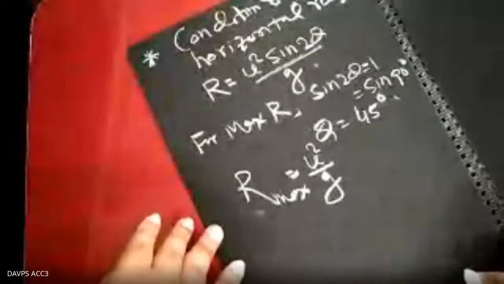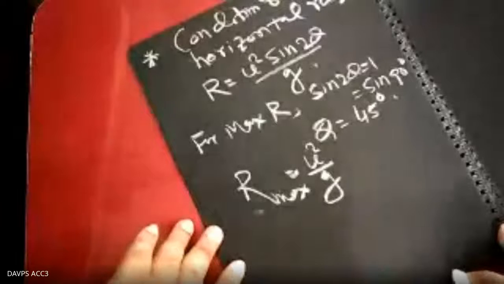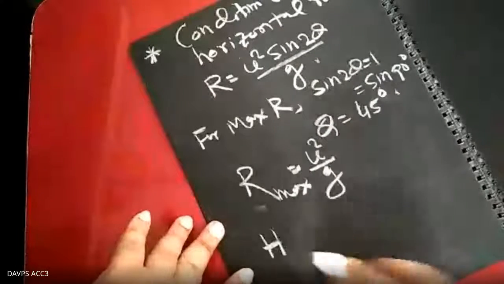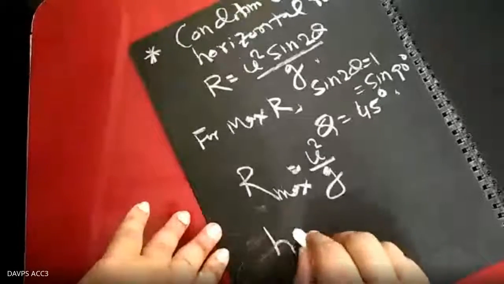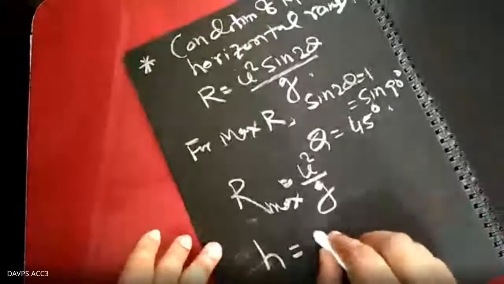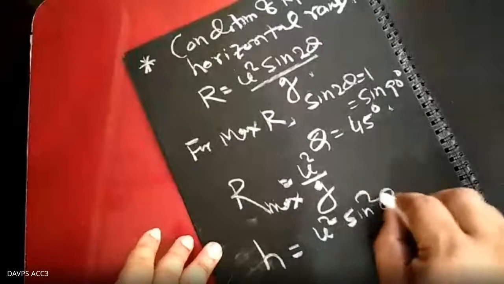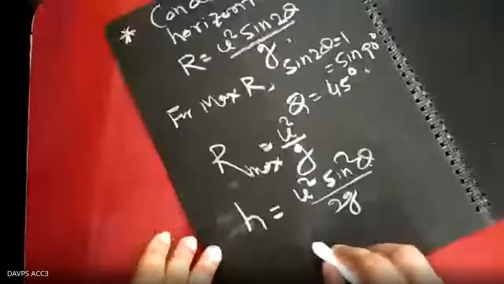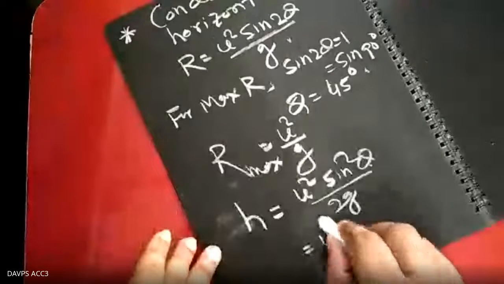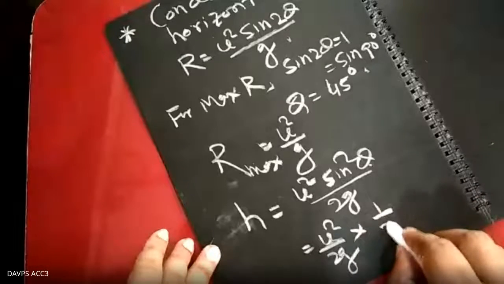In that case, you will find the maximum height. What will be the height attained? Small h, you know that is u square sine square theta upon 2g. When theta is 45 degree, you get u square by 2g times 1 by root 2 whole square, that is 1 by 2.